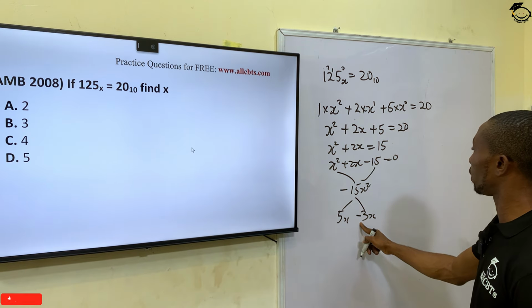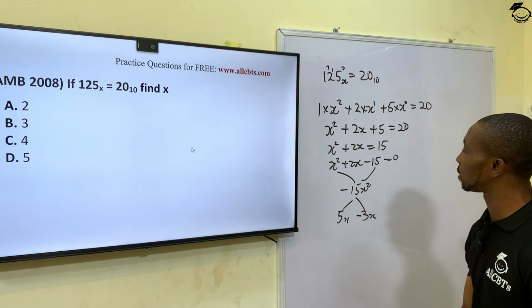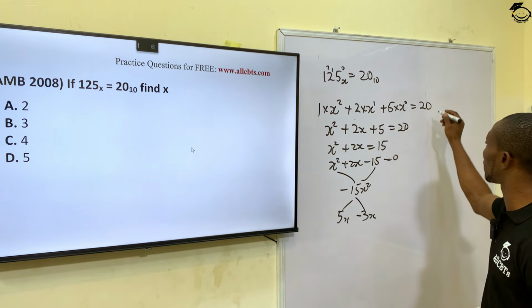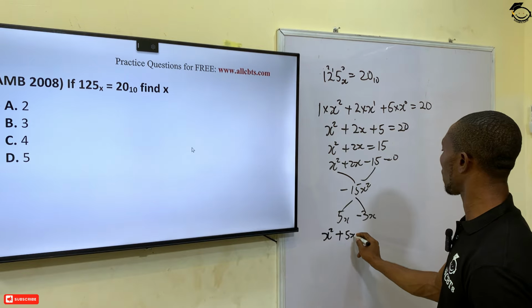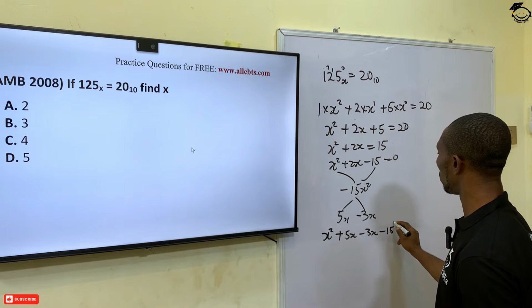So 5 minus 3 will give us a positive 2. 5 times minus 3 will give us a negative 15. So now substituting this, we have x squared plus 5x minus 3x minus 15 equals 0.